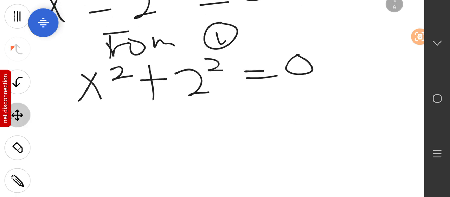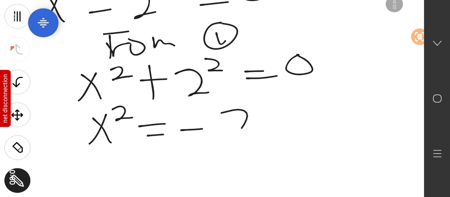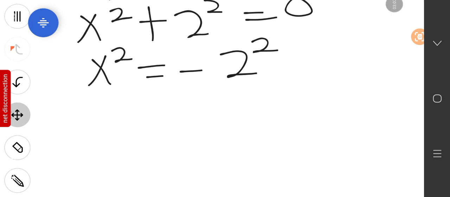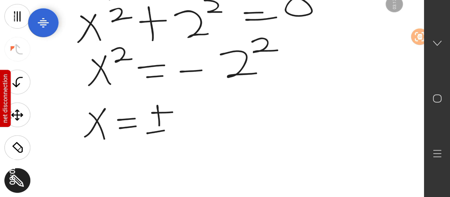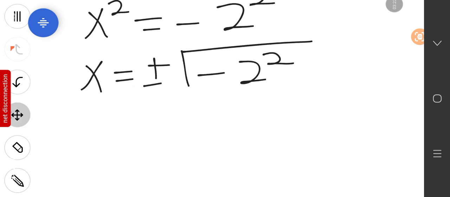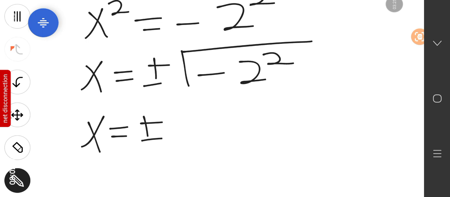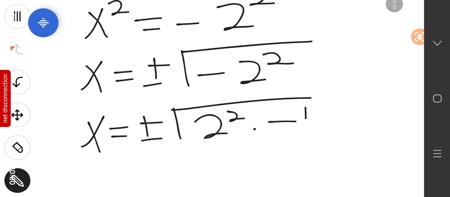From equation 1, x^2 + 2^2 = 0. We want to make x the subject of the equation, so x^2 equals, transposing 2^2, minus 2^2. So x equals plus or minus the square root of minus 2^2, which is plus or minus the square root of 2^2 times minus 1.